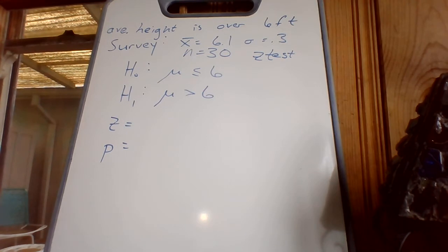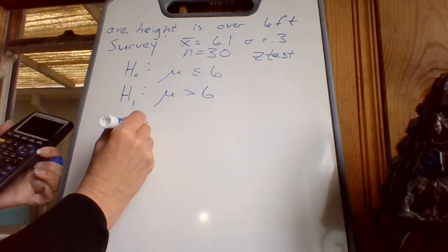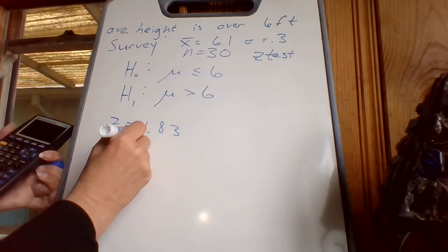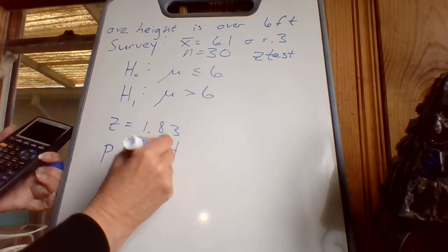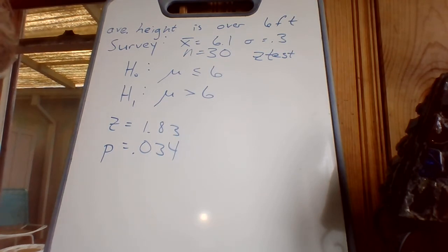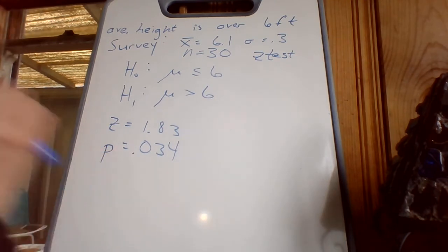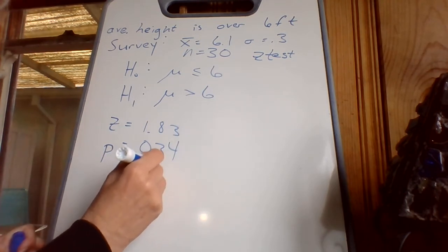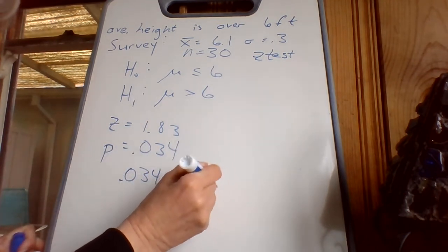Okay, it says Z is 1.83, P is 0.034. All right. X bar is 6.1, that I already knew. N is 30, that I already knew. Okay, now I need to reach some sort of conclusion. And for reaching the conclusion, you use this P right here, and you compare it to 0.05. 0.034 is less than 0.05.